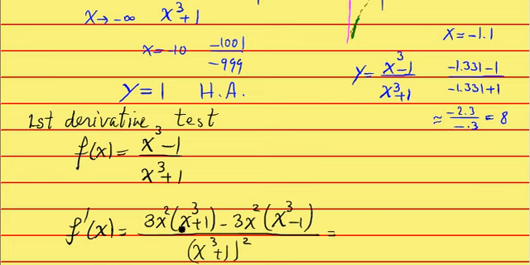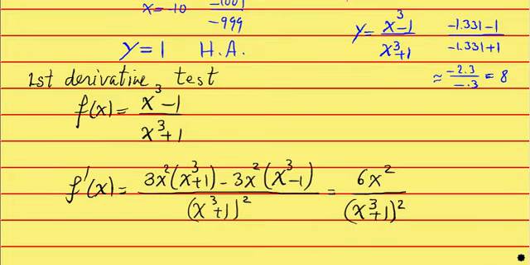Okay, 3x^5 and 3x^5 cancel out, and 3x squared minus 3x squared makes a total of 6x squared over x cubed plus 1 squared. Now typically we make a table to talk about this, but sometimes we can bypass all of that effort and just be straightforward about it.